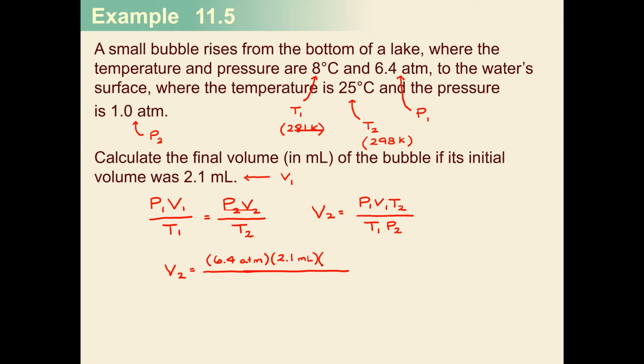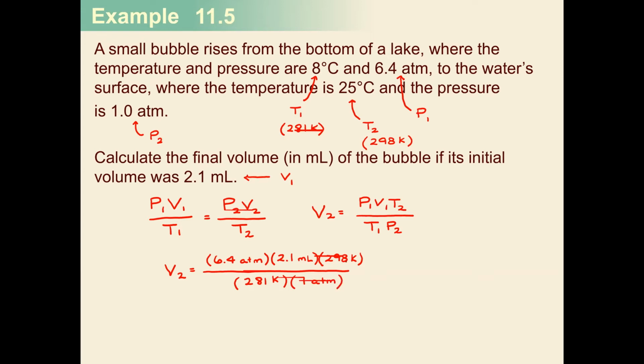Finally, our T2 is going to be our 298 K. So let's get our denominator, and you'll see that I need temperature 1, which was 281 K. And finally, our second pressure was 1 atmosphere.